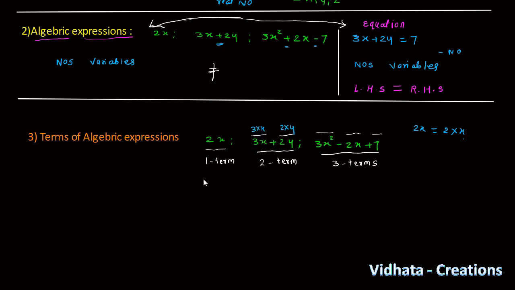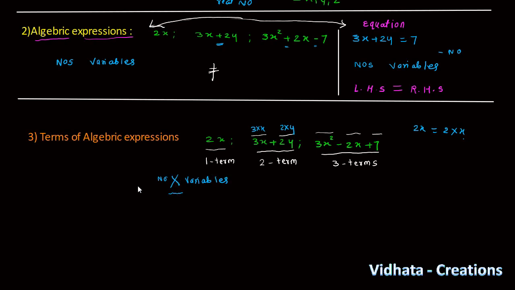Then can you guess the meaning of algebraic term? What is meant by term of algebraic expressions? In terms of algebraic expressions, one term contains numbers and variables. And in between numbers and variables, the relation between them is only multiplication.